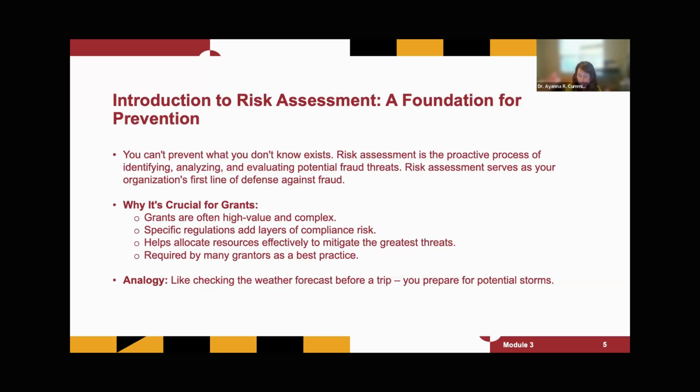And it's required to establish and monitor our internal controls by many of the grantors that provide the funding to implement our grants and programs, as a best practice. And so here's an analogy. It's like checking the weather forecast before we take a trip. It's a preparation process for potential storms. Next slide.